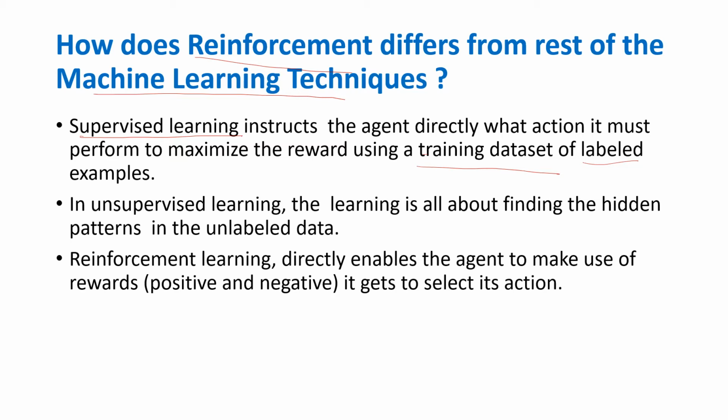When a cat picture is shown, it should classify it as a cat. Let's say we are building such a supervised learning model, then we would already have the training data set which is labeled. That means the cat pictures are all tagged as cat and dog pictures are all tagged as dog.